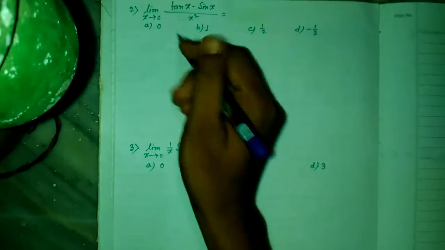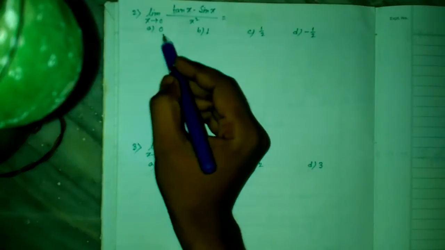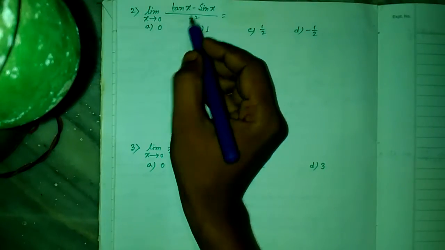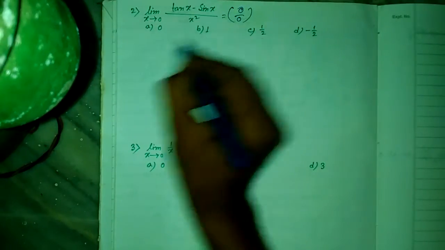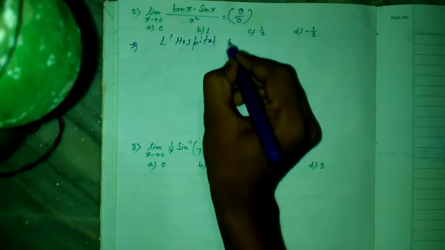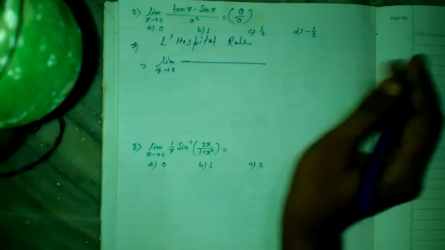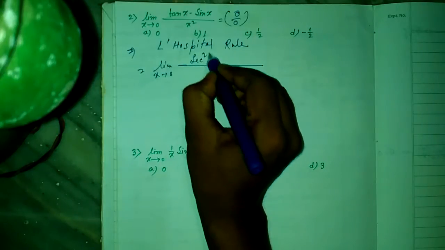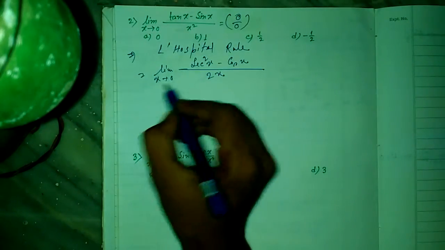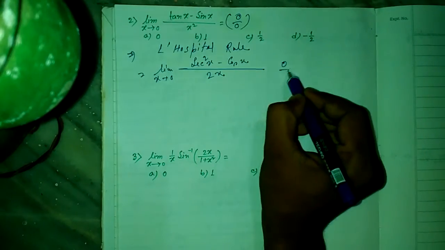Again take another problem. Limit as x tends to 0 of tan x minus sin x by x square, this limit will be either 0 or 1 or half or minus half. When we put x equal to 0, this will be 0 minus 0, tan 0 means 0, so 0 by 0. So here again we apply L'Hospital rule. The numerator derivative will be sec square x minus cos x by 2x. Okay, we put x equal to 0, then this will be 1 minus 1 means 0, 2x means 0.